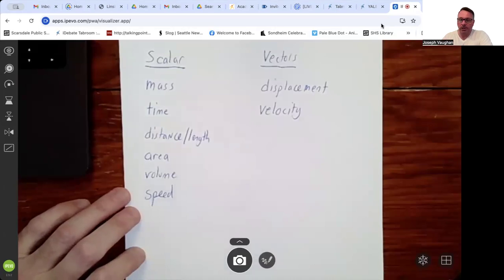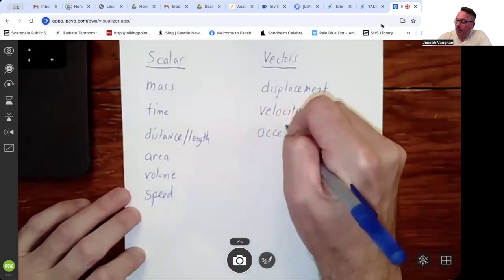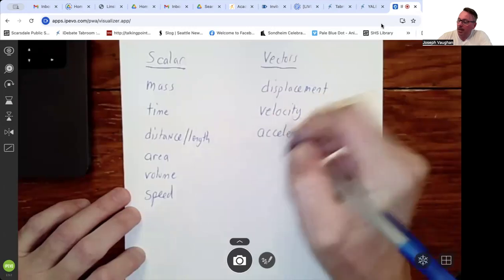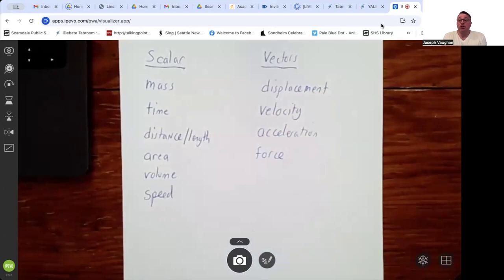Some other things that are going to be vectors: the concept of acceleration is going to be a vector, as well as the concept of force. That's going to be a very important vector because the direction I push matters. If you have two people pushing on something, it really matters how they're pushing to see the resulting outcome.